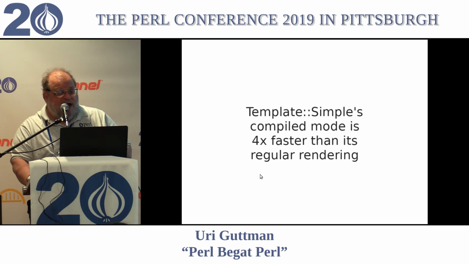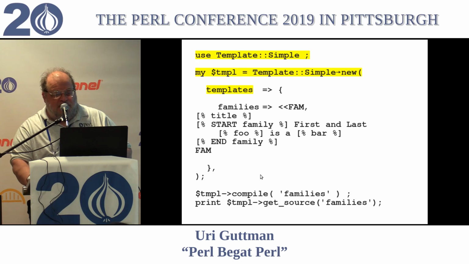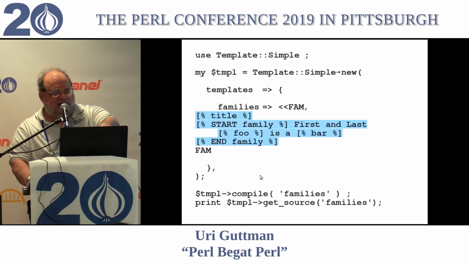It's actually one of the fastest templaters you're ever going to find. So take a look at it. Here's a short template. We use the module, declare it, and assign a template. The template is this blue stuff. Anything with a single word is a scalar variable for replacement.